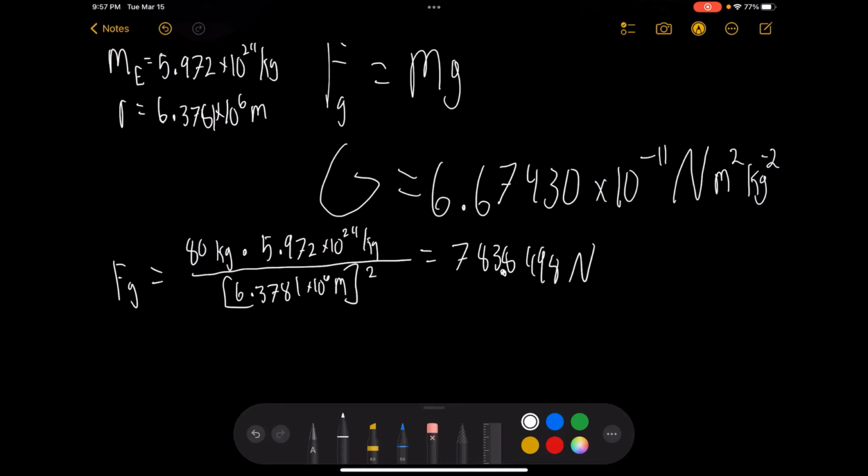Why need this number? Well, we can actually plug this into Newton's second law. Our force of gravity is going to be equal to the 80 kilograms as the mass for this equation, because Newton's second law is primarily describing the acceleration of the object itself. The force of gravity is the attractive force between two objects, meaning that yes, you pull the Earth towards you, and the Earth pulls you down towards it.